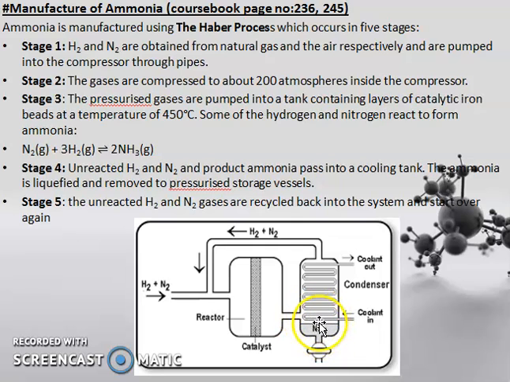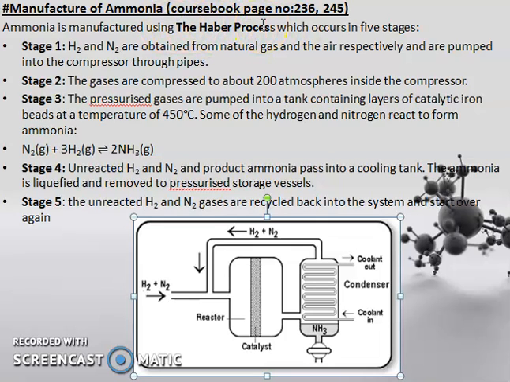From here you can see the reacted N2 and H2 giving ammonia, and the unreacted is passing through this, and then again it is coming here. So it is recycled. The unreacted gas is again coming in the same pipe from the upper side, going to the catalyst section, and then again to the compressor section. So got it, how ammonia is manufactured? And this process is called the Haber process.